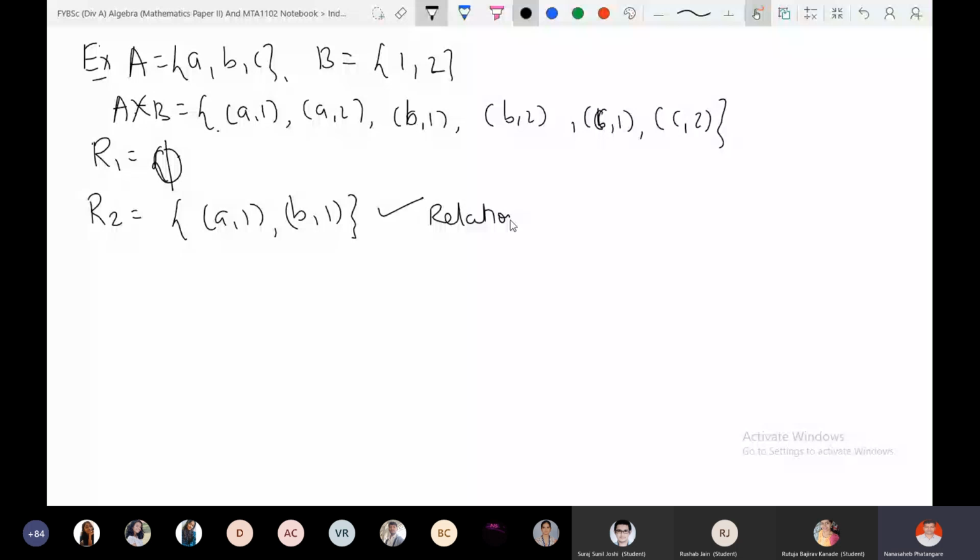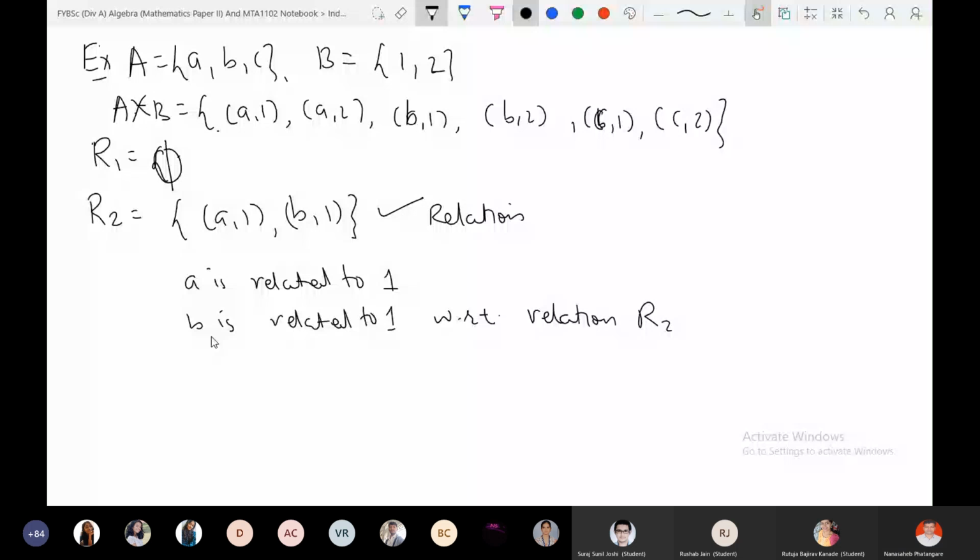This is a relation means what? That a is related to 1 and b is related to 1. What is the meaning of this? So with respect to relation R2, this is my relation. I am defining a relation between a and 1 and a relation between b and 1.